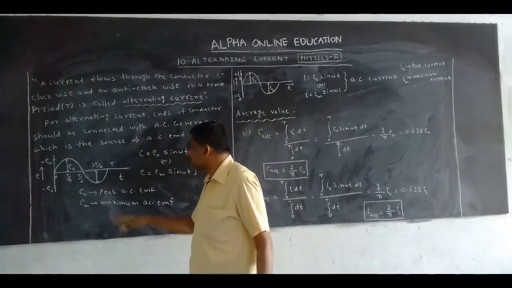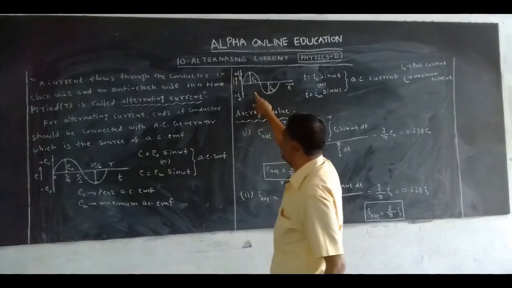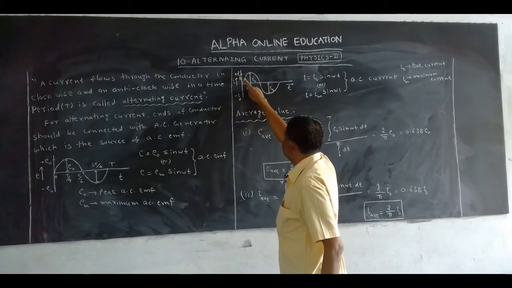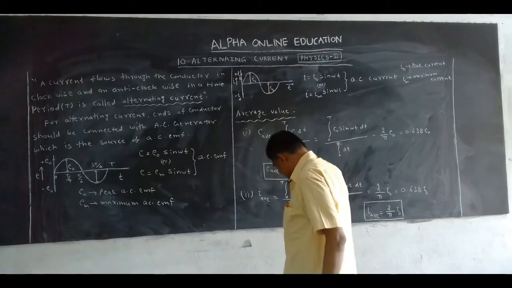Now let us see alternating current. Here I have taken the diagram. This is clockwise, this is anti-clockwise.